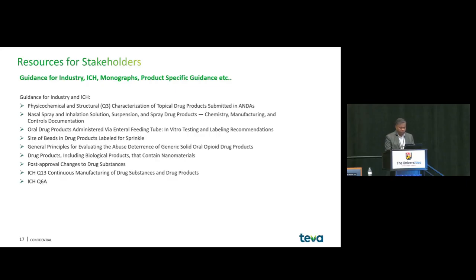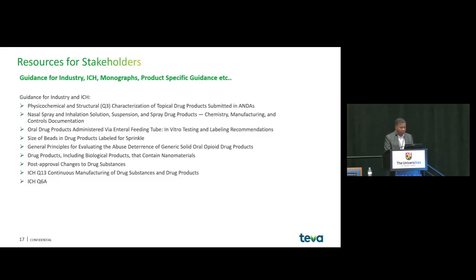So I'll talk next about the resources that are available to the industry and various stakeholders. We have the guidance for industry, the ICH guidances, and product-specific guidances, etc. We have the physical, chemical, and structural characterization, which is the ICH Q3.